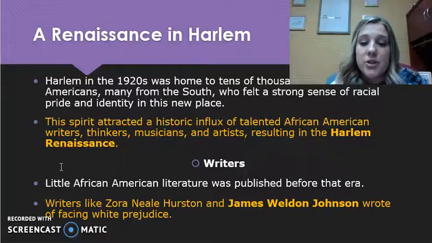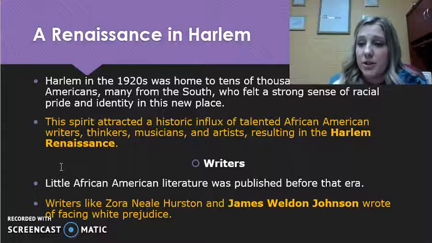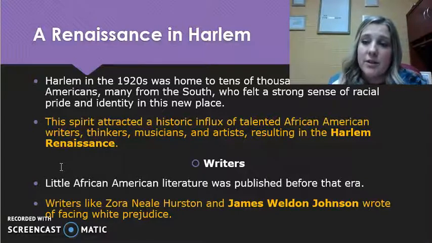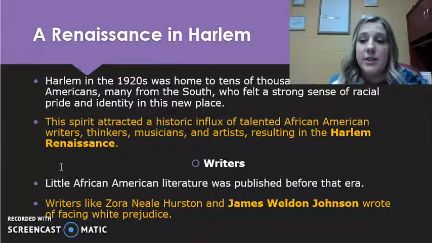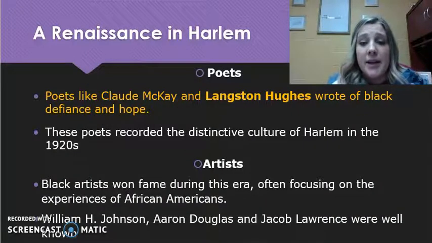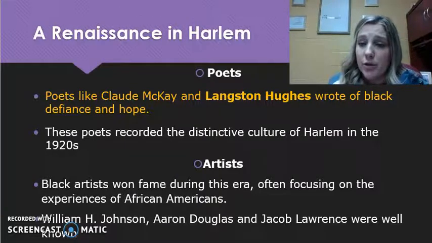All right, writers like Zora Neale Hurston, who you read about on Friday, and James Weldon Johnson are going to write of facing white prejudice. So the discrimination they face, the prejudice they face, they are going to put those feelings into writing. Poets like Claude McKay and Langston Hughes are going to write of Black defiance and hope for the future.